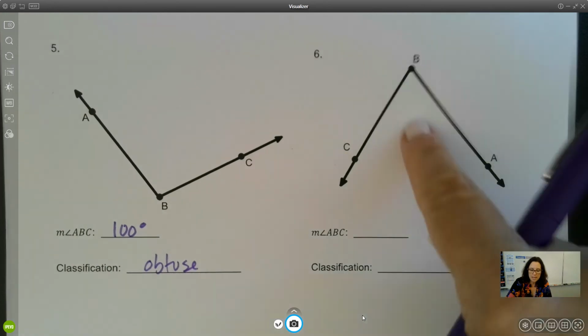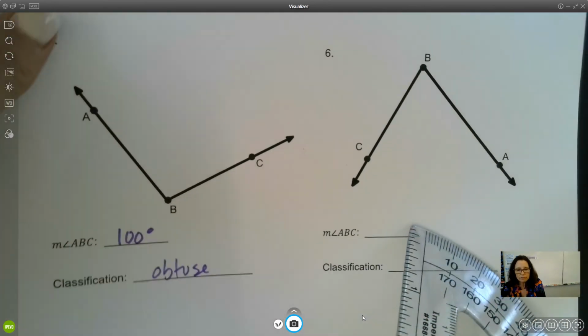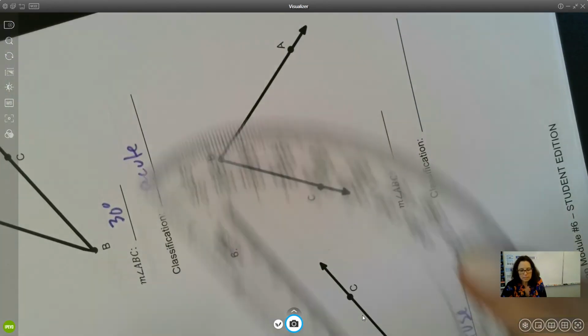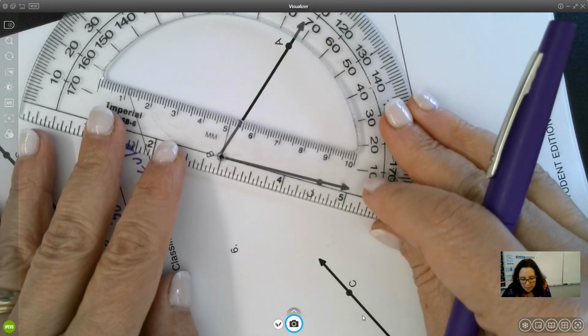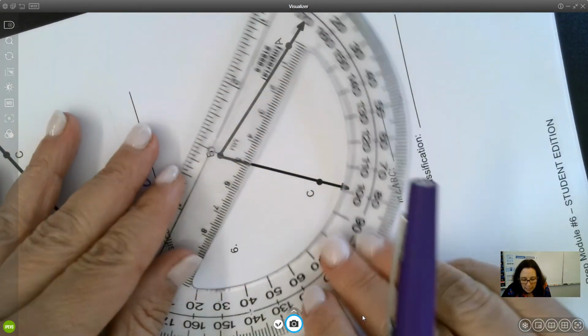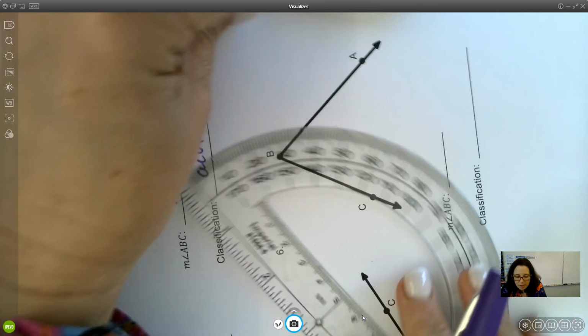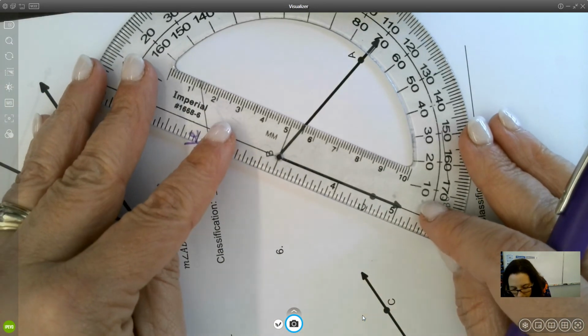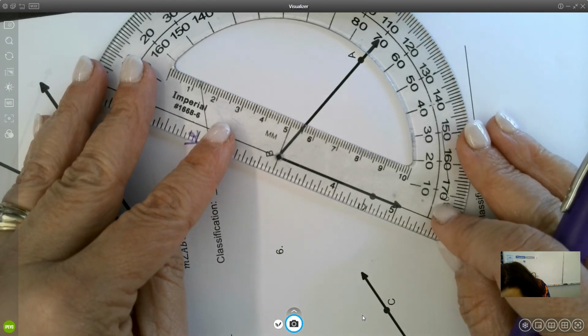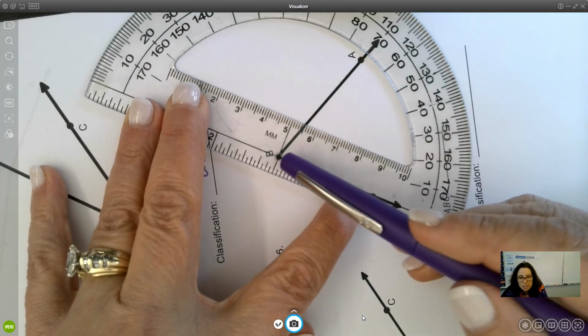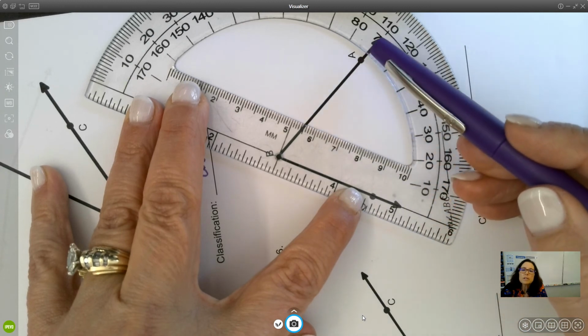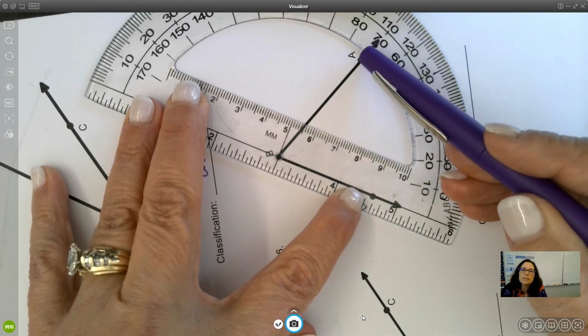All right, this one. It might be helpful to turn your paper. Doesn't matter if I line it up here or if I line it up here. So I'm going to line it up right here. So it's going through 70 or 110?